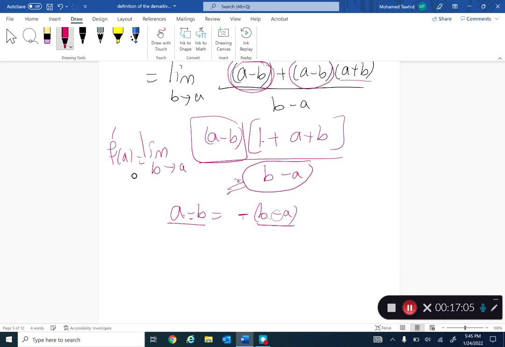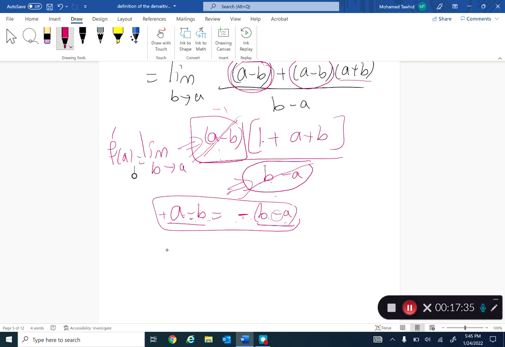If I factor out negative, what do you have left? B. From here, you have plus a, which means negative times negative, you get positive. So if I expand the bracket, you get exactly a minus b. So when I cancel those together, you get negative 1, because the difference between those two is only negative 1.